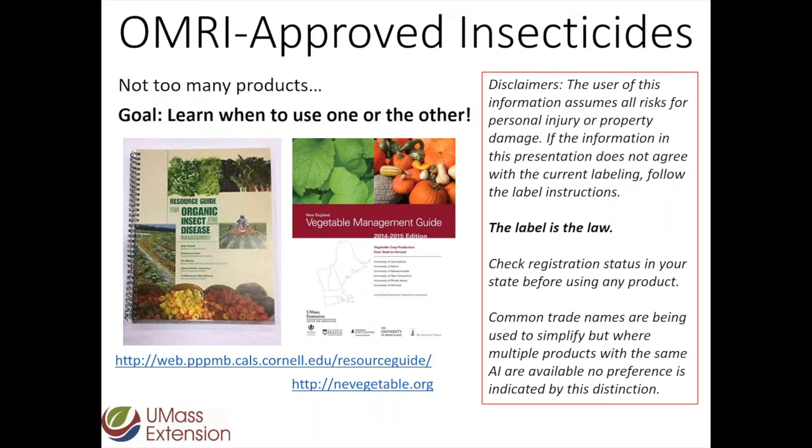So check your state registration before using things I might be recommending today. I'm using the trade names just to keep it simple. In some cases there are many different trade names, and I just picked one randomly. It doesn't mean that one is better than the others.